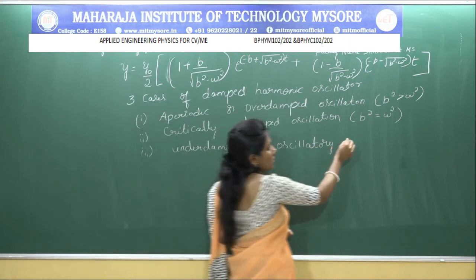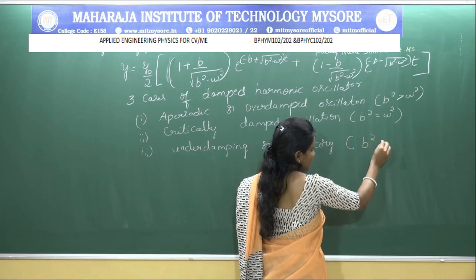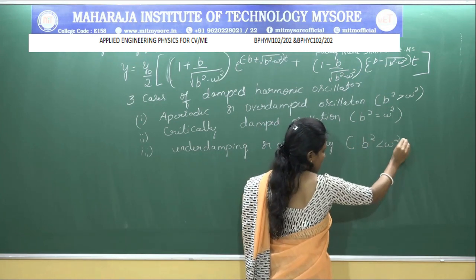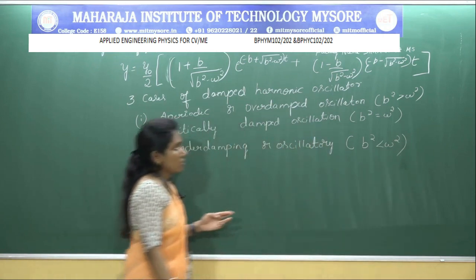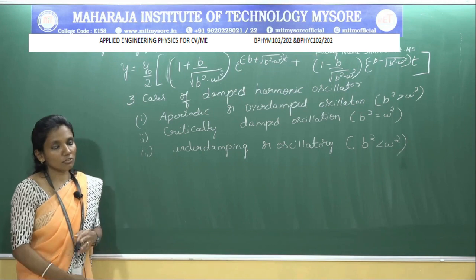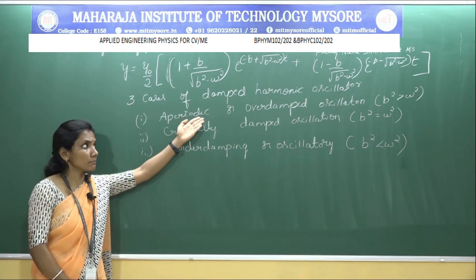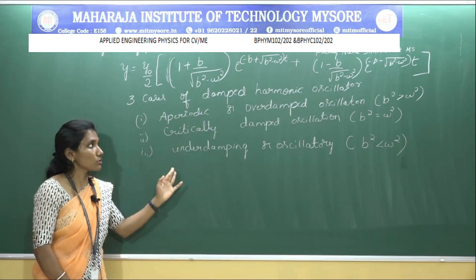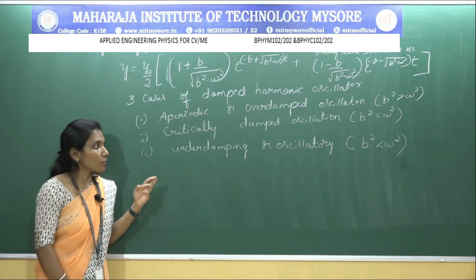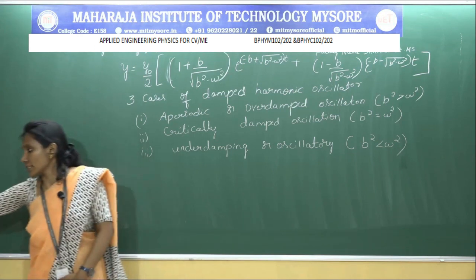In this case the damping is less compared to the angular frequency. Like this, 3 cases are classified. Now let us study them one by one: aperiodic or overdamped oscillation, then critically damped oscillation, then underdamped or oscillatory oscillation.